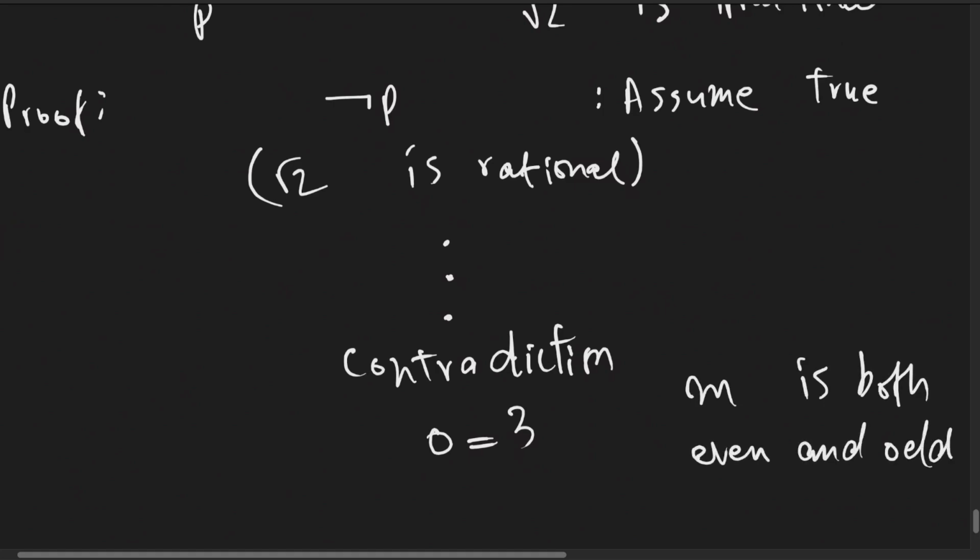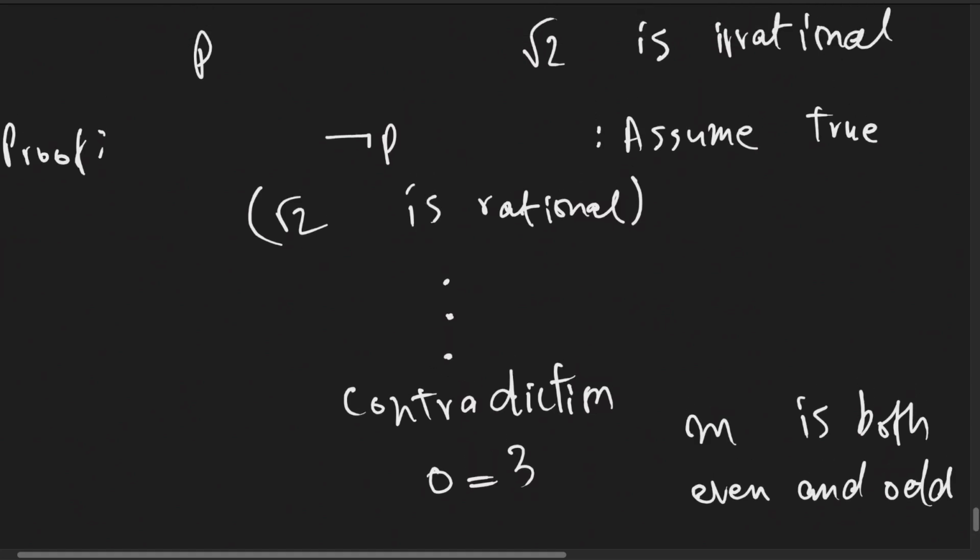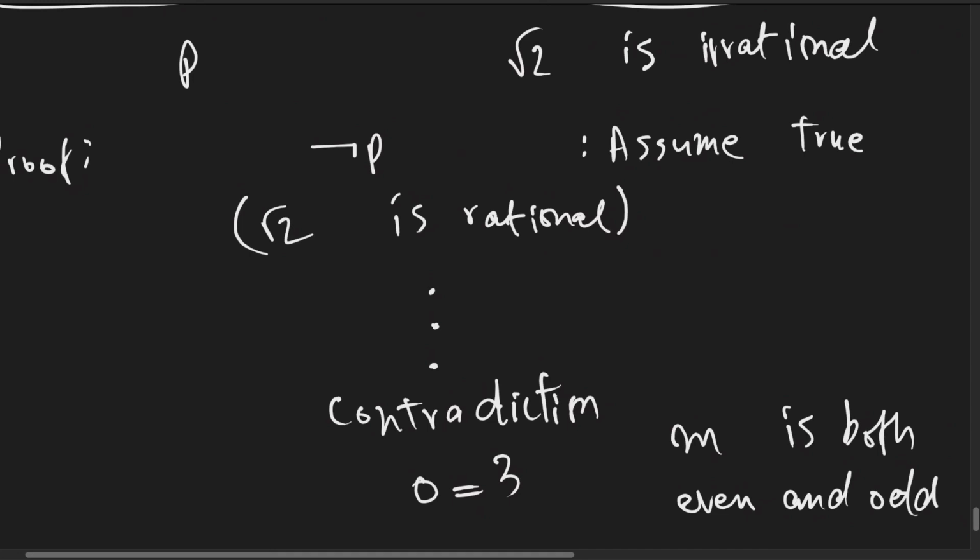So you'll deduce a contradiction, and then you'll conclude that because we've deduced a contradiction, our assumption must be false. And because not P is false, it must be the case that P is true. So this is how proof by contradiction works.